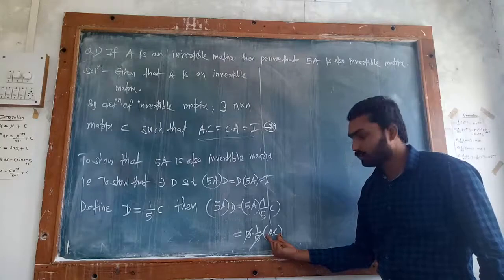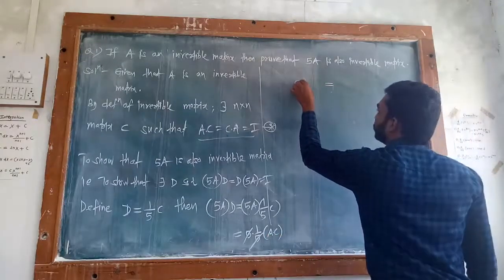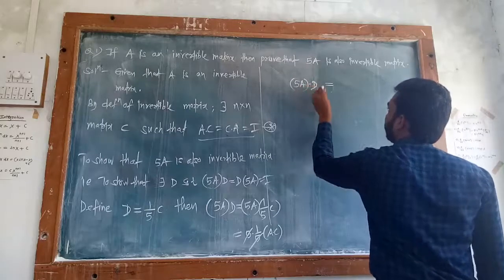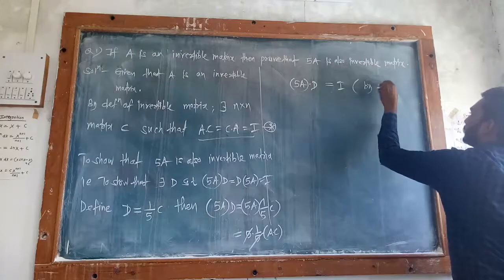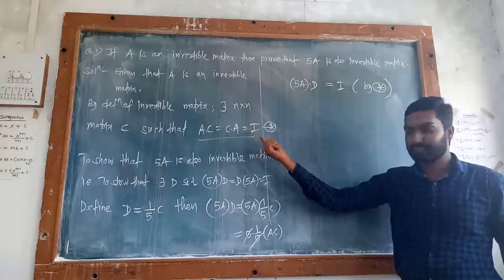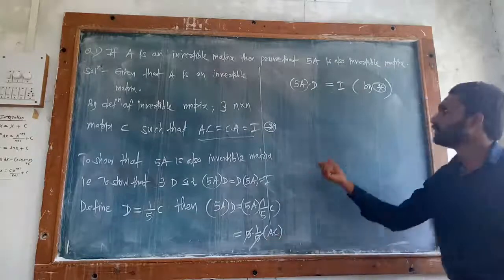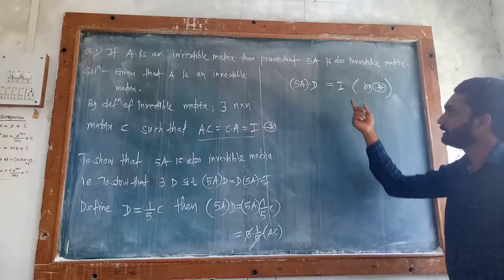So the value of A into C is the identity matrix. So we get 5A into D equals the identity matrix by equation star.